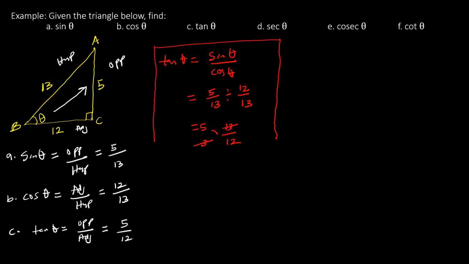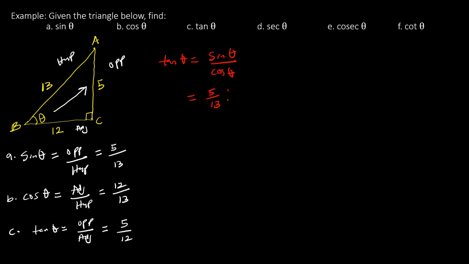So let's continue by looking at the remaining part of the question. The fourth one is sec theta. We have made known that sec theta is the reciprocal of cosine, and this will be equal to 1 over cos theta.